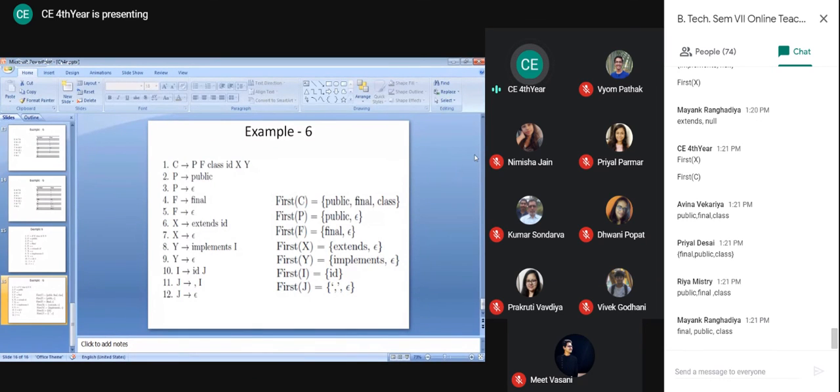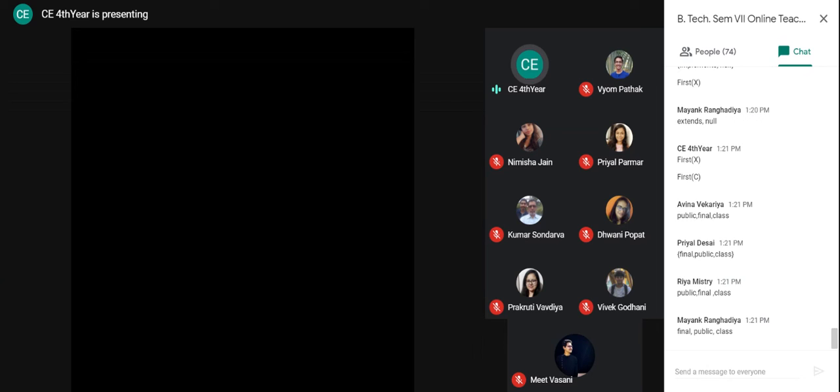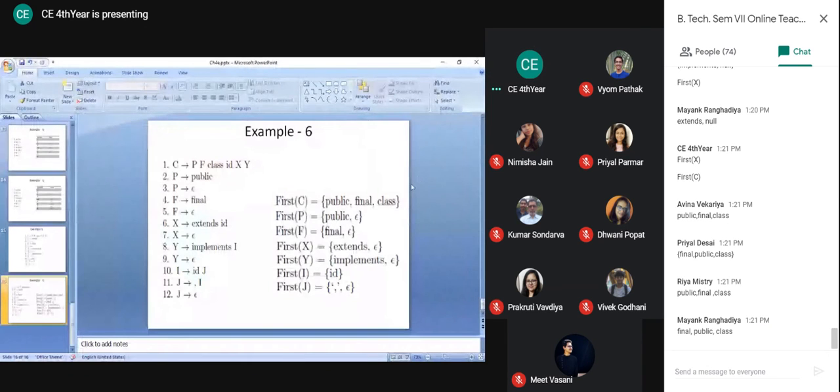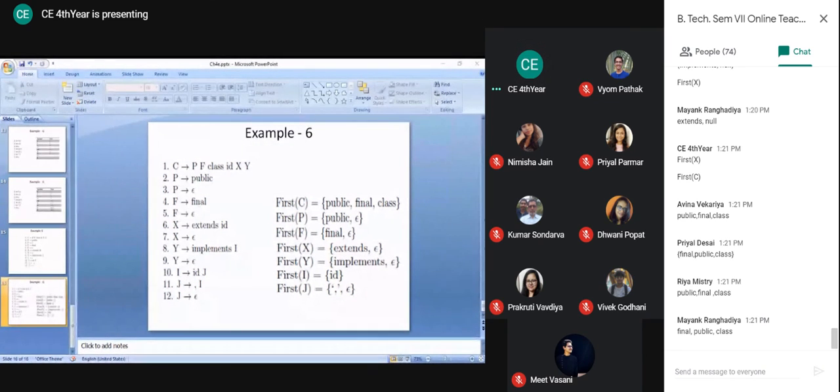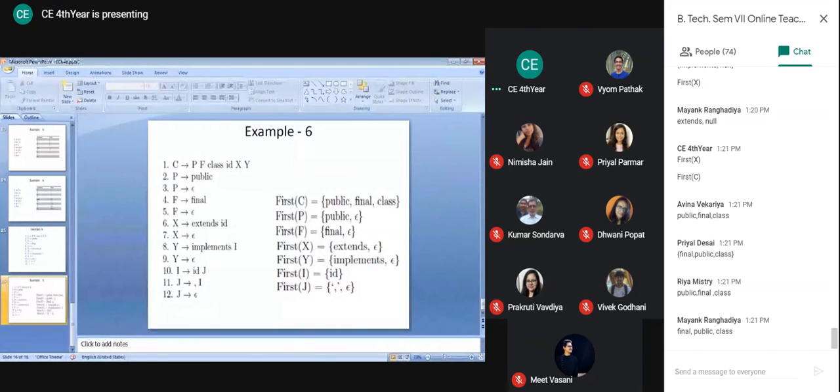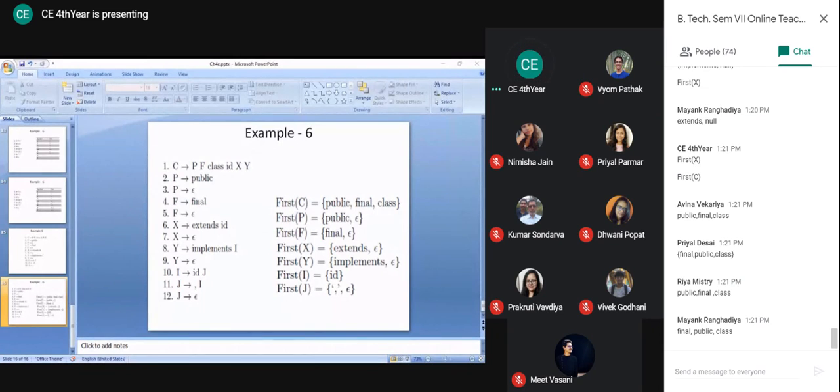The first of C will be public, final and class. So I hope now this calculation of first set is clear.